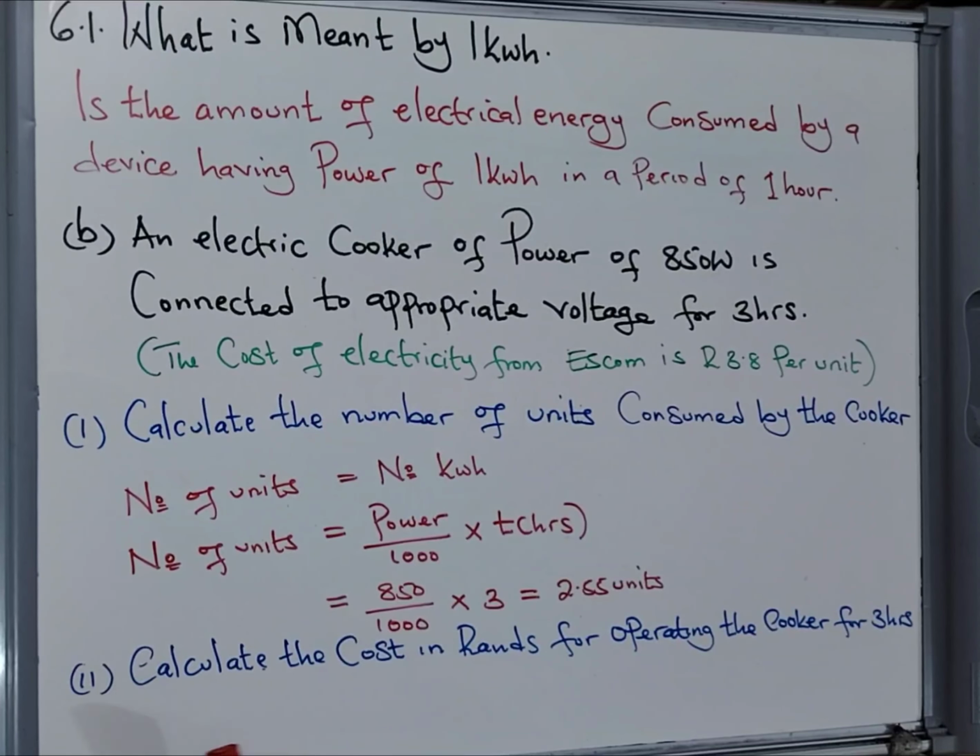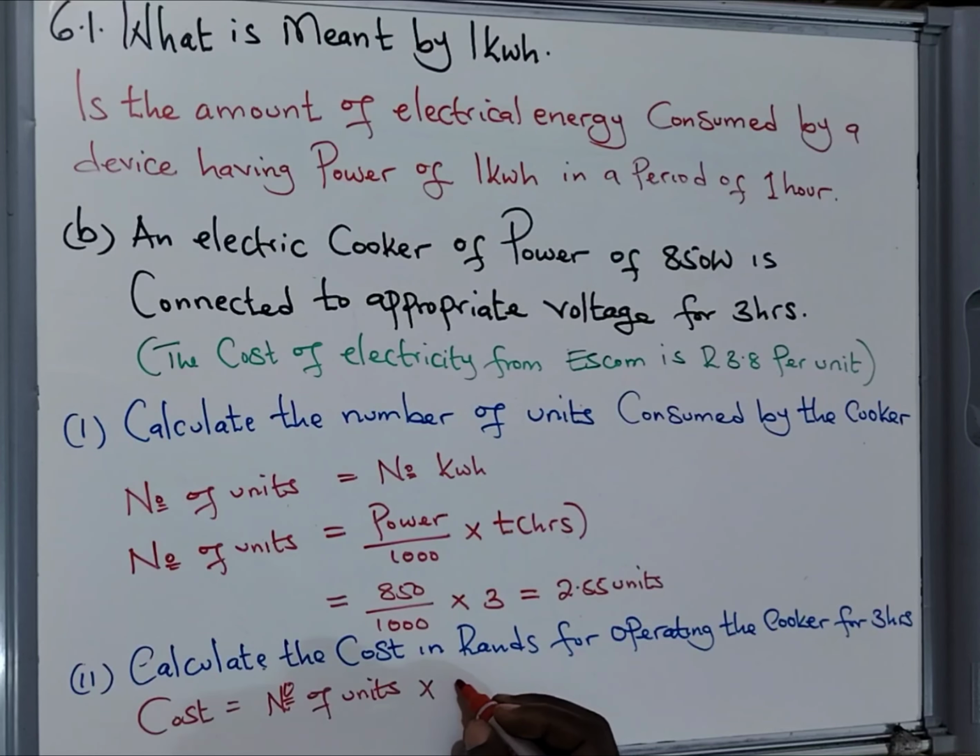Then comes this question. It says, calculate the cost in rands for operating the cooker for 3 hours. How do you get this? You have to know that cost is equal to number of units times cost per unit.